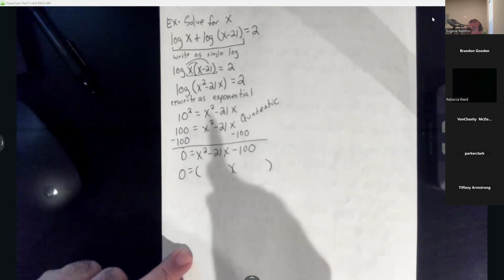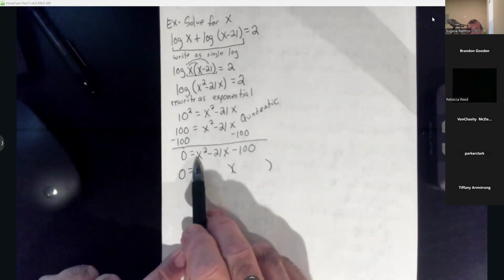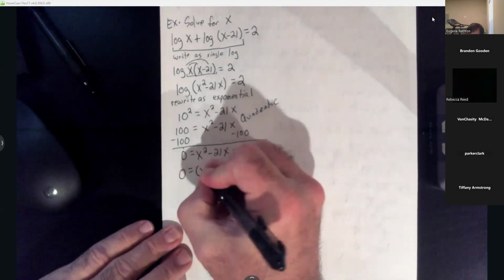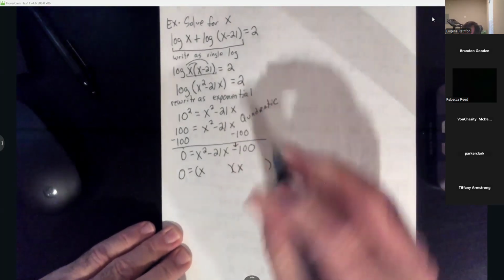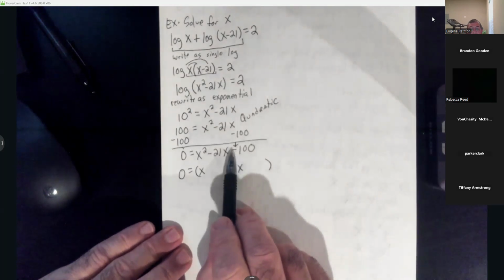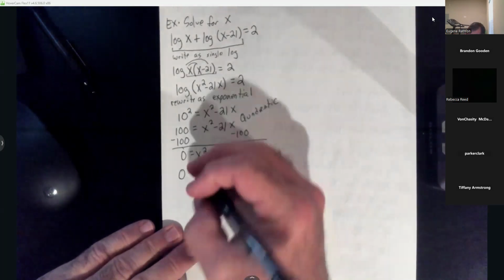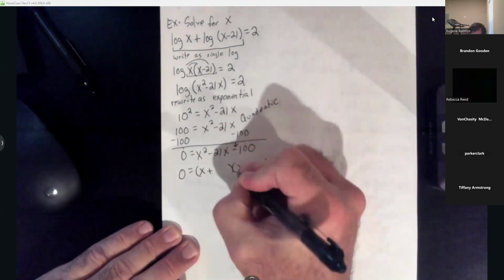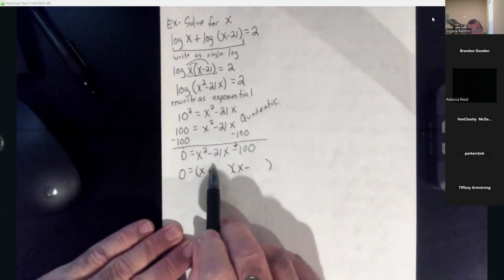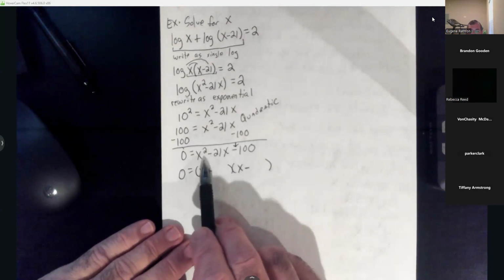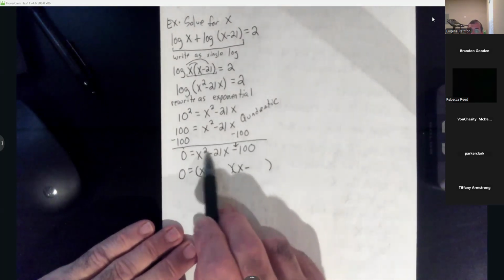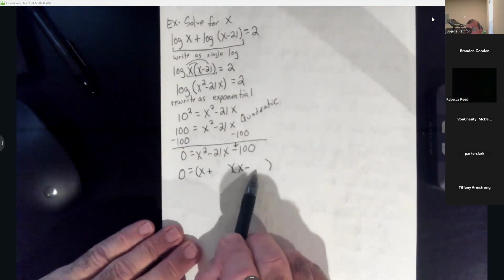But y'all, I'm going to solve mine by factoring. Because I got an x squared, that's an x and an x. The last number here, the 100, is negative. Anytime the last number is negative, you're going to have unlike signs. One factor will be positive, one factor will be negative. Now, since the middle's negative, I do know my larger number is going to be negative, okay?